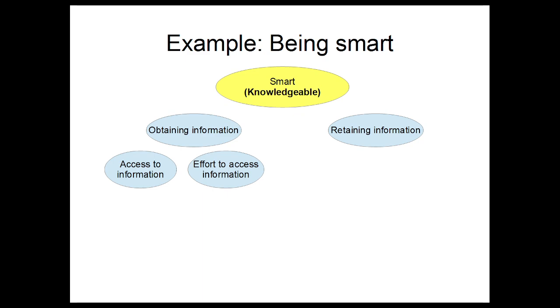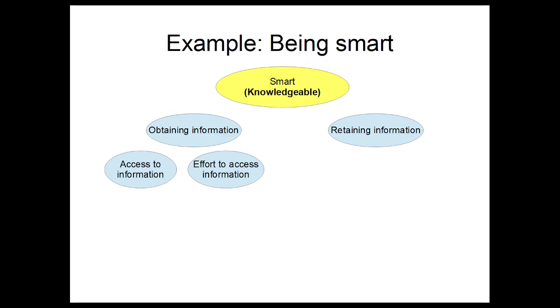So if you're just talking about being knowledgeable, well, the two factors that you might come up with that go into that are how much information do you obtain about different subjects and how well do you retain that information. And then for obtaining information, that might be like how much access do you have to information? Like, do you have books that you can read about the subject?